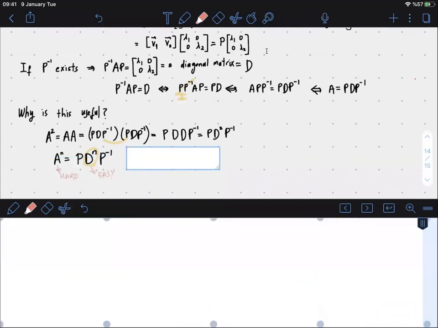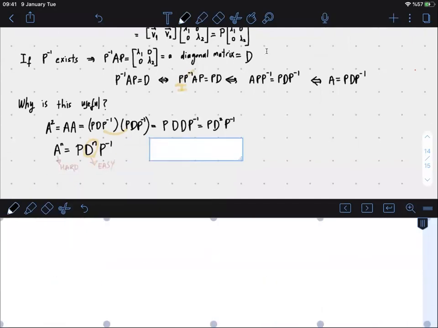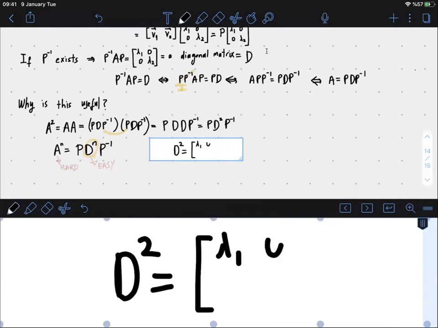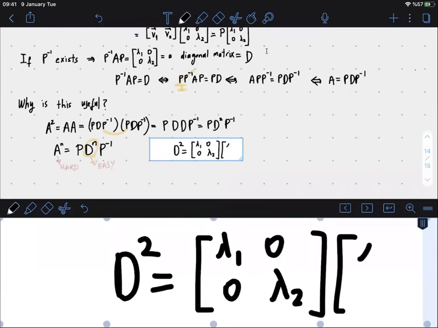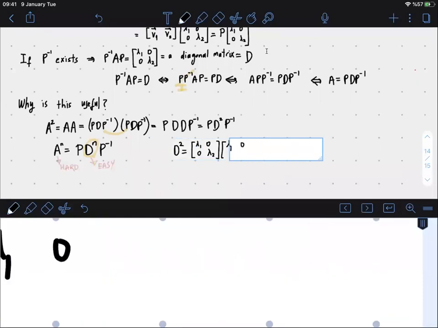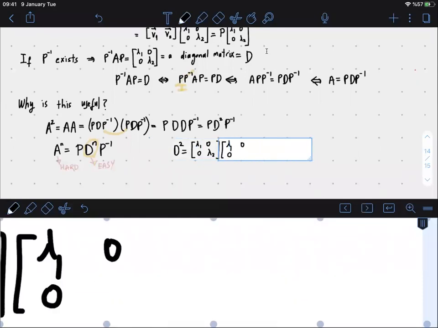Why is D to the power n easy? Let me try to compute D squared. If you remember D, this is lambda 1, 0, 0, lambda 2.